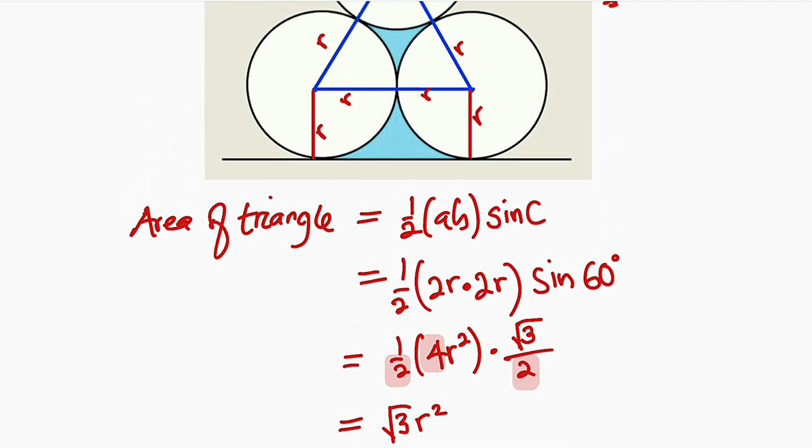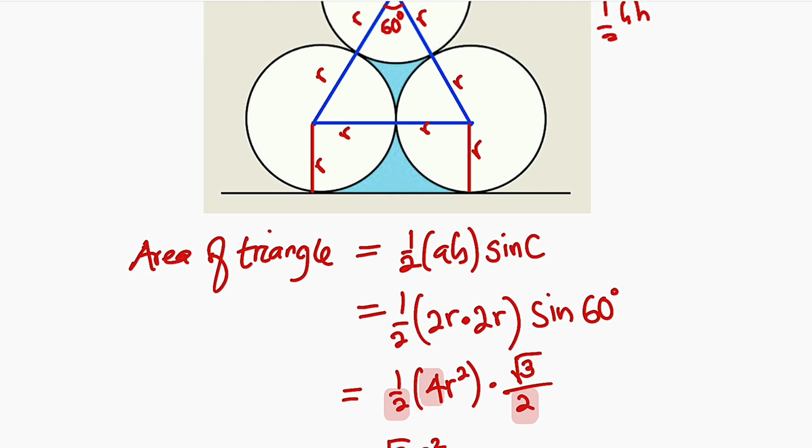Now to find the area of the rectangle, you know, area of rectangle is length times the breadth. The length you can see is 2R, while the breadth is just R. If you multiply them together, you have 2R squared.